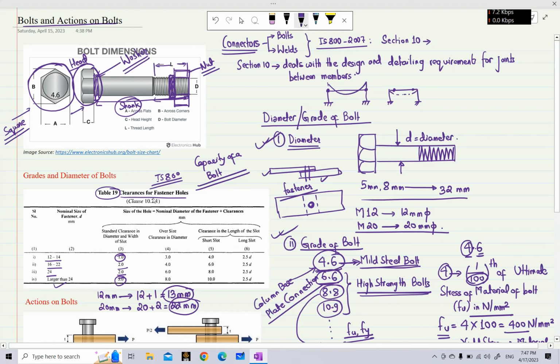We will need to use this value of diameter of holes when we are calculating the capacity of bolt. So after discussing these two general properties and the most important properties of bolt, because these are the properties that we need to consider when designing any bolted connection in the case of bolts.